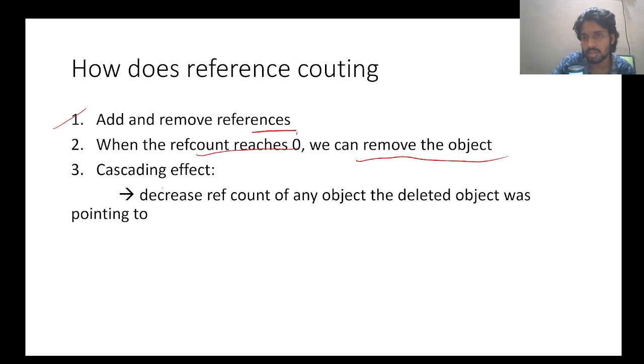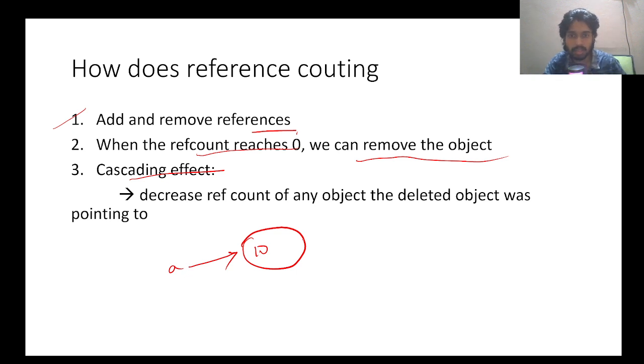There is also something called the cascading effect. For example, I have an object 10 here, pointed to by a, and this object points to 20. When this reference gets deleted, this will also get deleted.